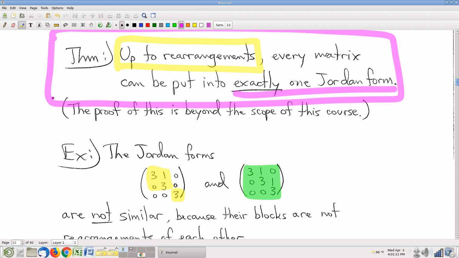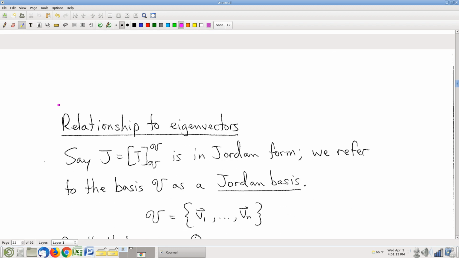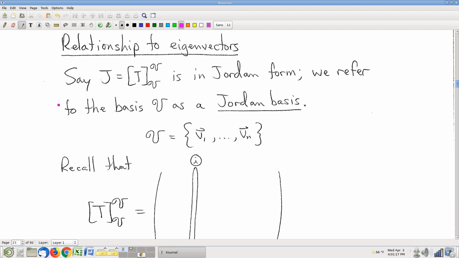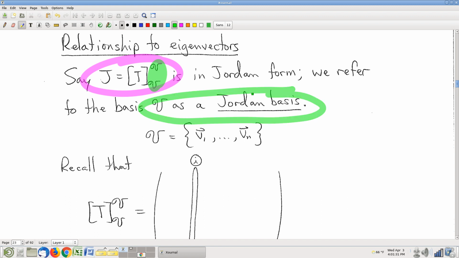All right. Okay, so let's talk about eigenvectors. This is a quicker story. Some direct observations. Remember that when we talk about a Jordan form, we're talking about representing some linear transformation with respect to a basis. Don't forget, we call that basis a Jordan basis, a list of vectors, right?